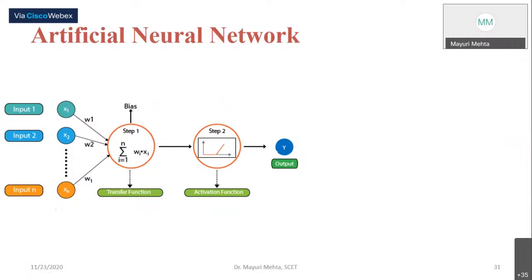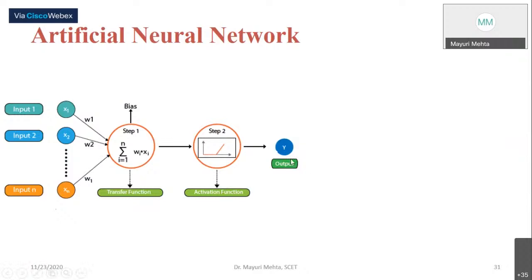And each node in this artificial neural network has some weight associated with it, and a transfer function is used for calculating the weighted sum of these inputs and the biases. After the transfer function has calculated the sum, an activation function obtains the result, and based on the output received, the activation function fires the appropriate result from the node, right?